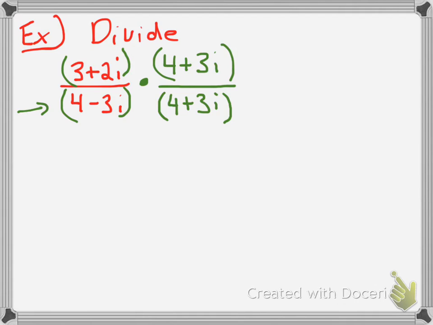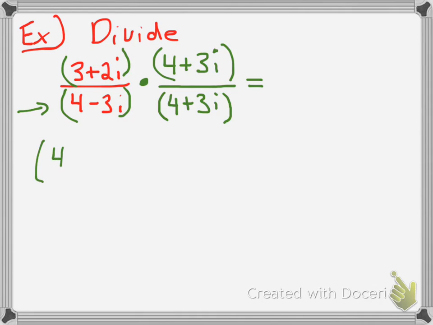Now, just like fractions, we have to multiply straight across. That's a lot of work, but watch what happens when we fix the bottom first.